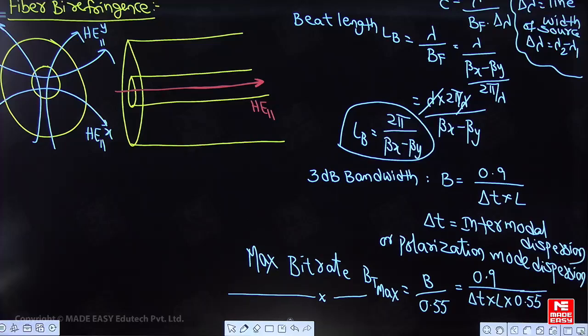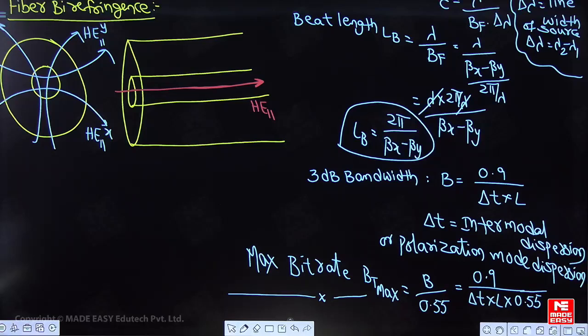The maximum bit rate for digital transmission in relation to PMD. PMD means polarization mode dispersion.